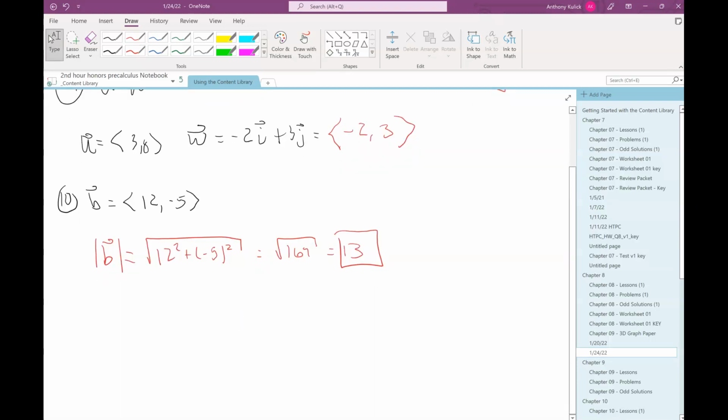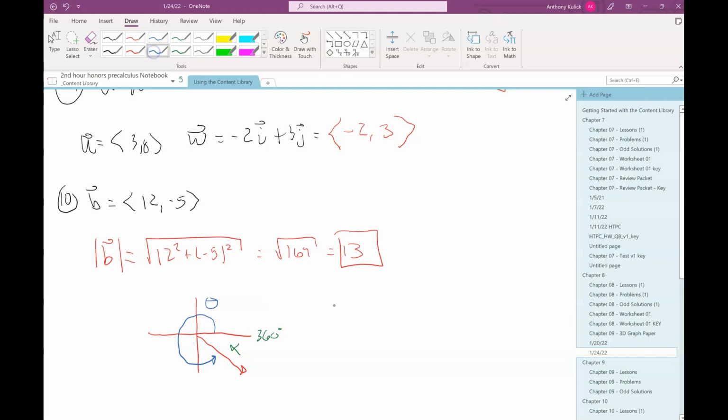And then to do the direction, I'm going to plot this. So 12, negative 5 is down here. We're looking for this angle. So this guy's my alpha. And the other end of alpha is the 360.